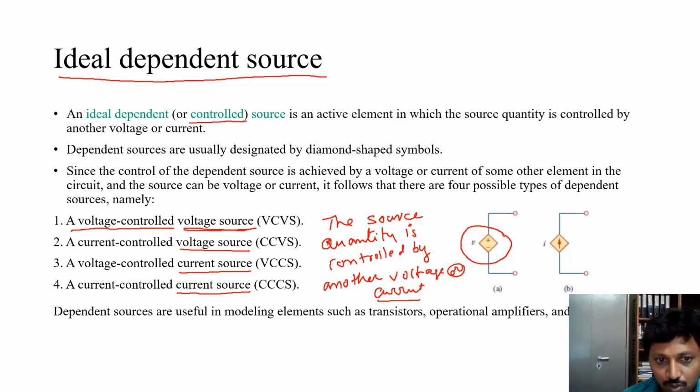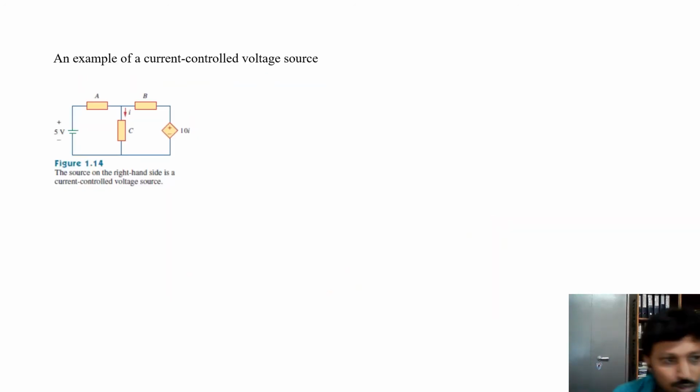So how are we going to designate it? By diamond shape. We will see one example. This is an example of a current controlled source.